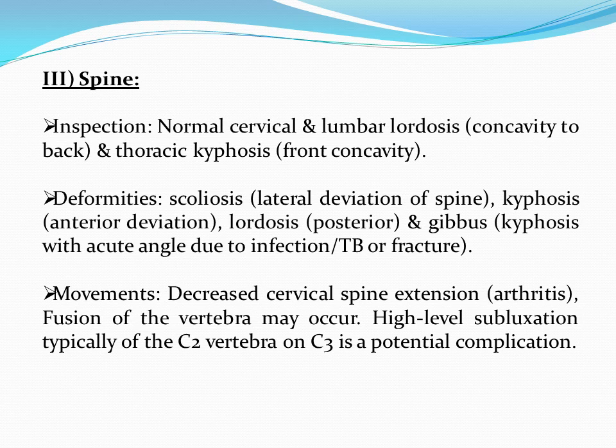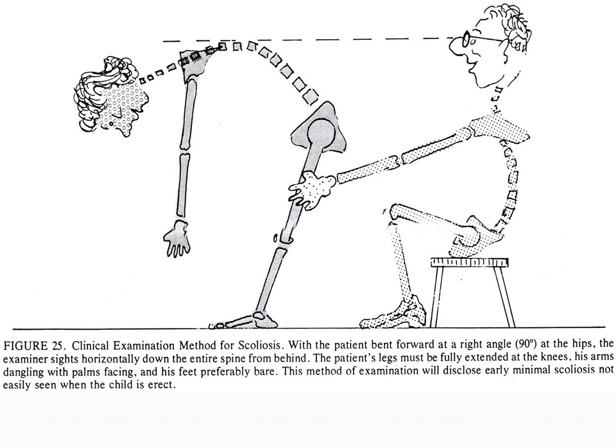For example, there will be decreased cervical spine extension in cases of cervical spondylosis. This figure shows clinical examination for scoliosis, while the patient bends forward and the examiner sights horizontally down the entire spine from behind. The patient's legs must be fully extended at the knee.